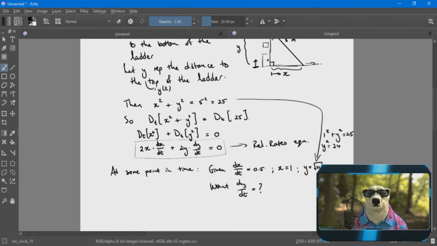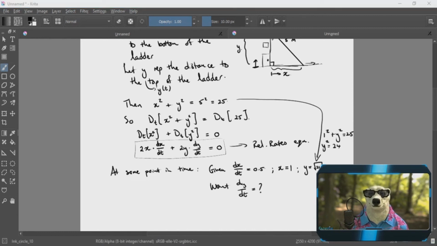Let's go to our Discord MathBot to ask it what that is. So I get 4.89-ish.